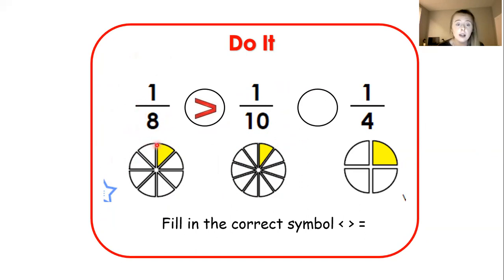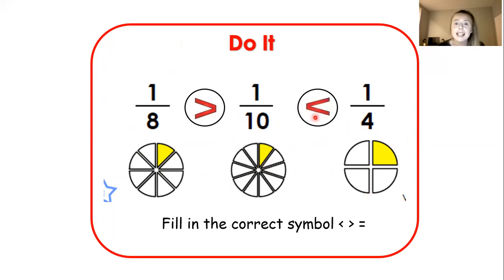So that tells us that this 1/8 is bigger than this 1/10, isn't it? 8 is smaller than 10, so 1/8 is the largest fraction. That 1/8 of that whole is bigger than the 1/10 of that whole, because that's been split into more parts. Okay then, what about this one then?